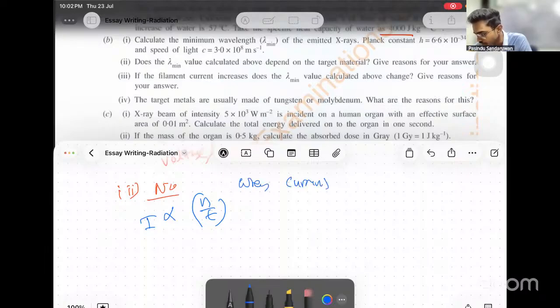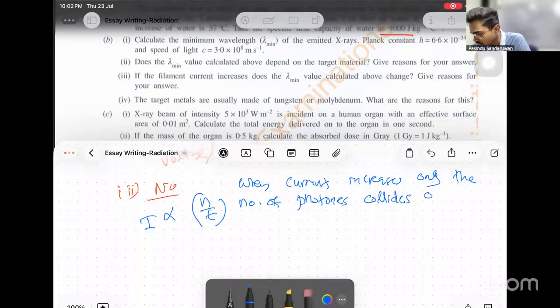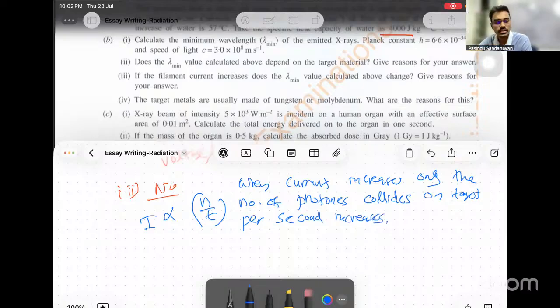When current increases, only the number of photons colliding on the target per second increases. For your knowledge, when that increases, X-ray production increases.